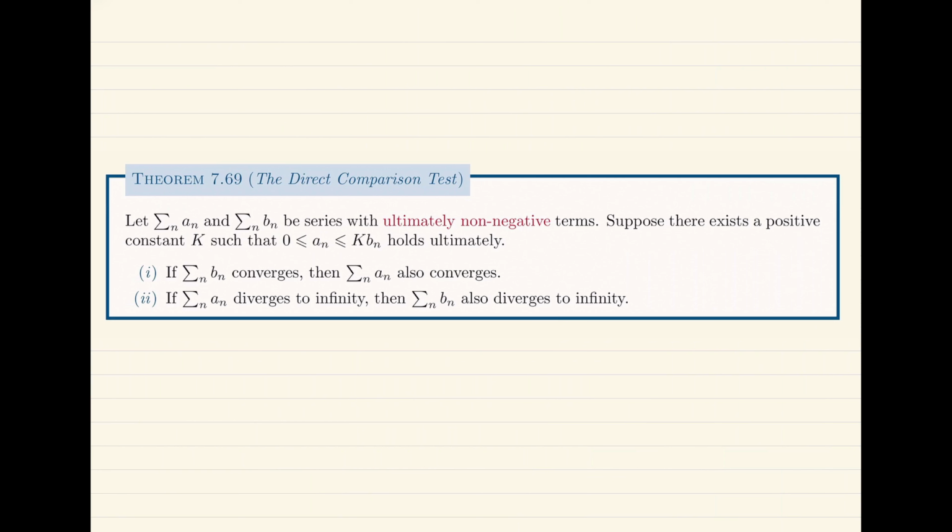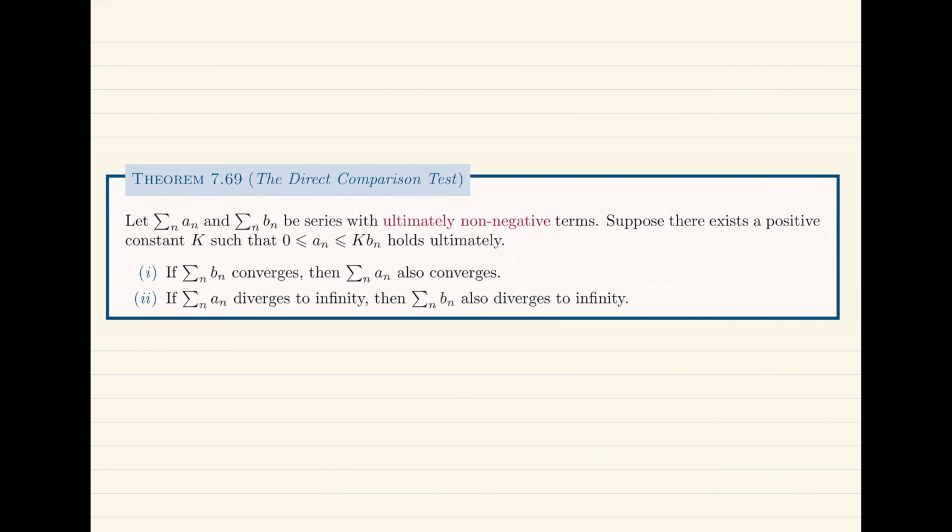So the first thing we did today was give another example of this theorem, the direct comparison test. Let me just remind you briefly. If I have two infinite series such that an and Bn are ultimately non-negative, if there exists a positive constant k so that all the terms of the first series are less than or equal to k times the corresponding term from the second series, then if the larger series converges, we can conclude that the smaller series also converges.